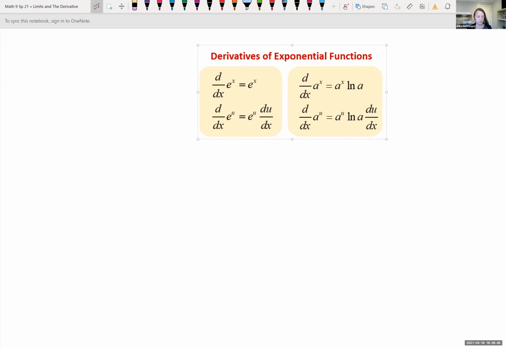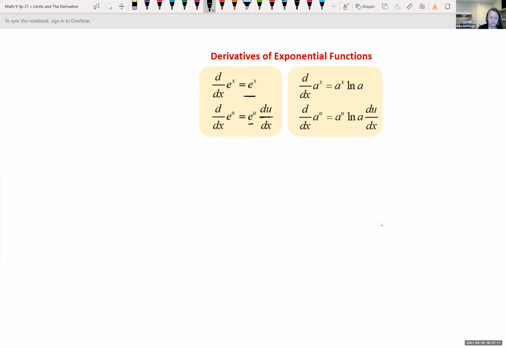Okay, so I just pulled up the derivatives of the exponential functions, and these are what we've been working with. The derivative of e to the x, we know, is just e to the x itself. This is written a little differently than how I had written it, but that's just saying the derivative of e to the u is e to the u times the derivative du dx.